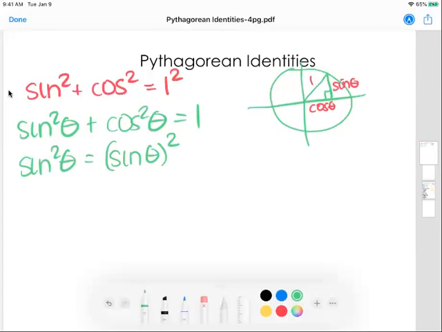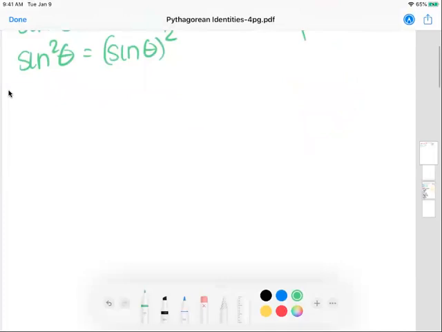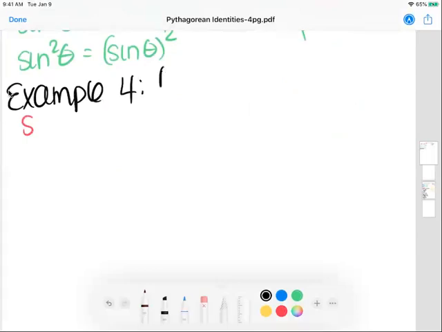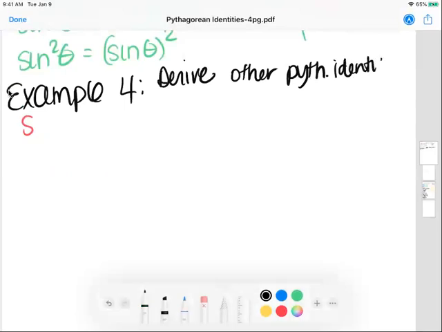So I've got my identity here. Example 4: derive other Pythagorean identities.